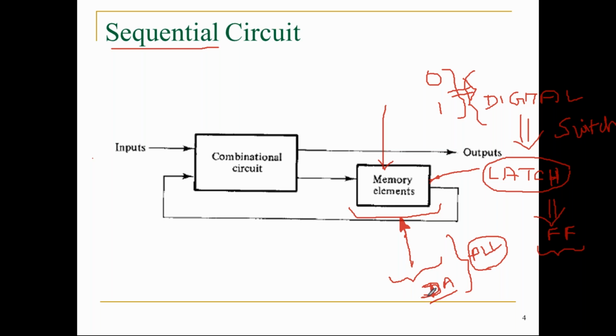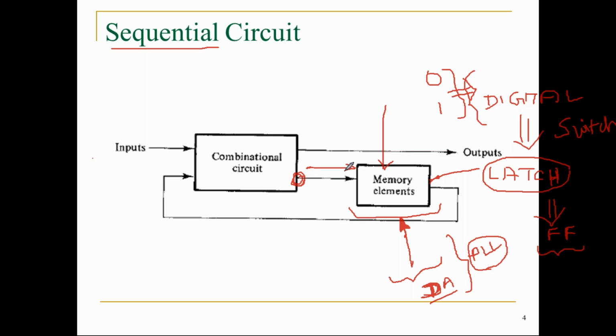Then the question may be like this: how long will the data be stored or available here? It depends on the input of this memory element, or exactly the output of this particular point. If my output is changing here, automatically the earlier data stored in this memory element is erased and the new data enters this place.